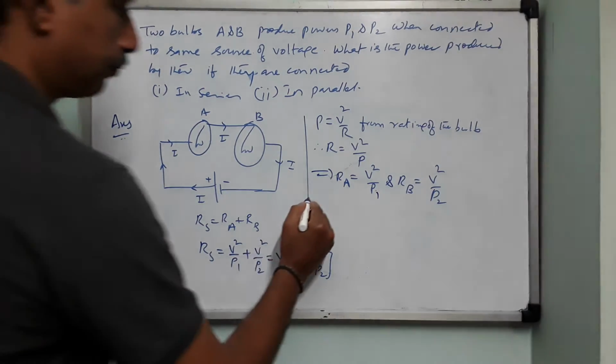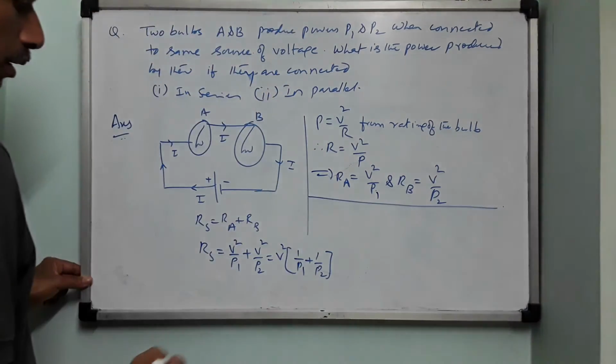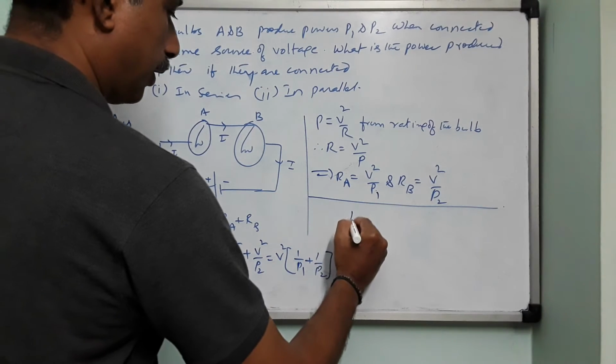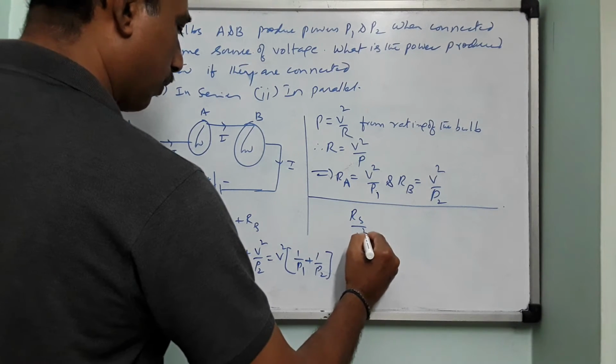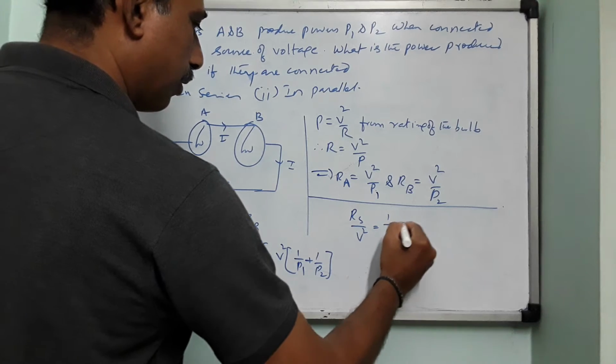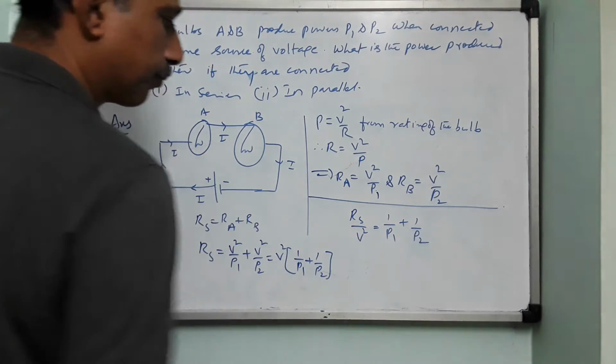Now V square you bring onto the left hand side. R series by V square equals 1 by P1 plus 1 by P2.